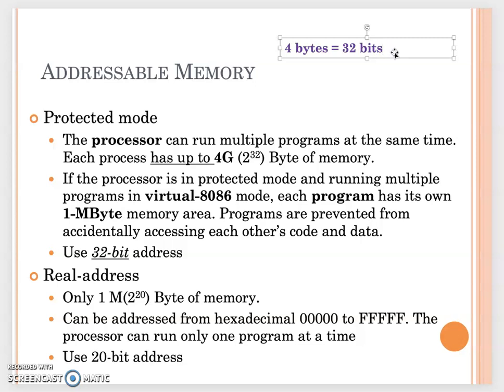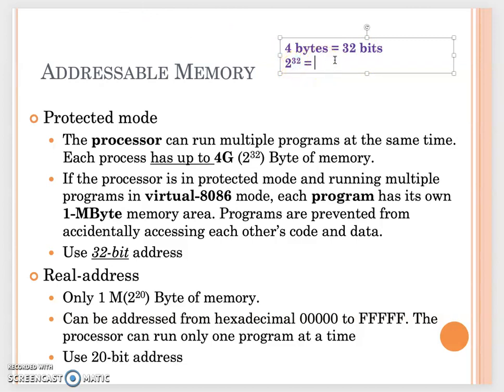Since you have 32 bits to store the memory address, the value will be up to 2 to the 32nd power, because your address location can only store 32 bits.